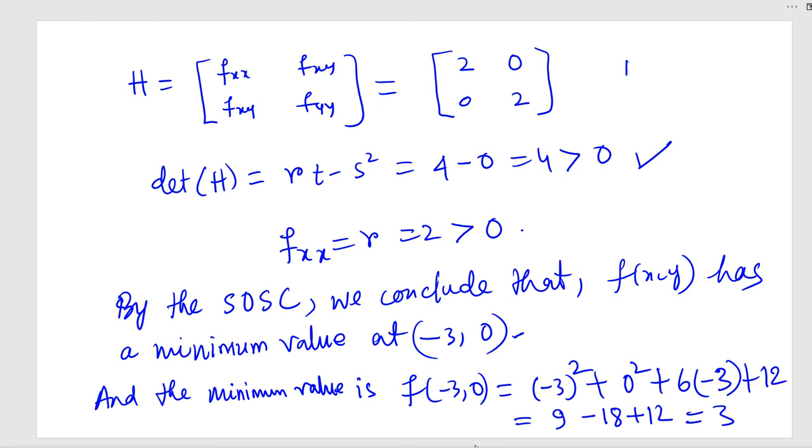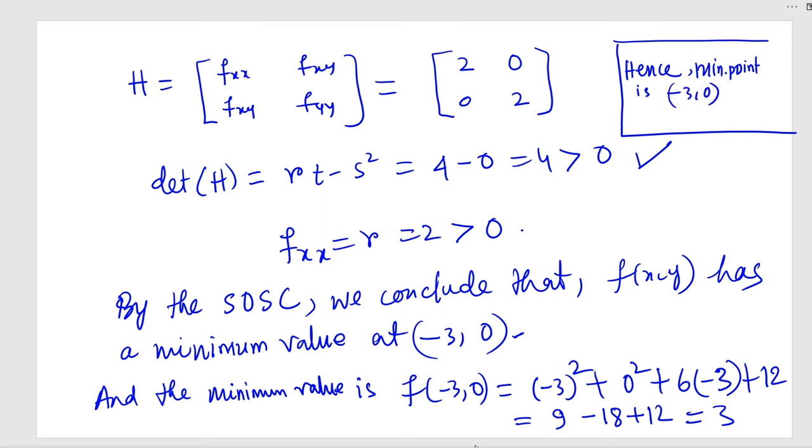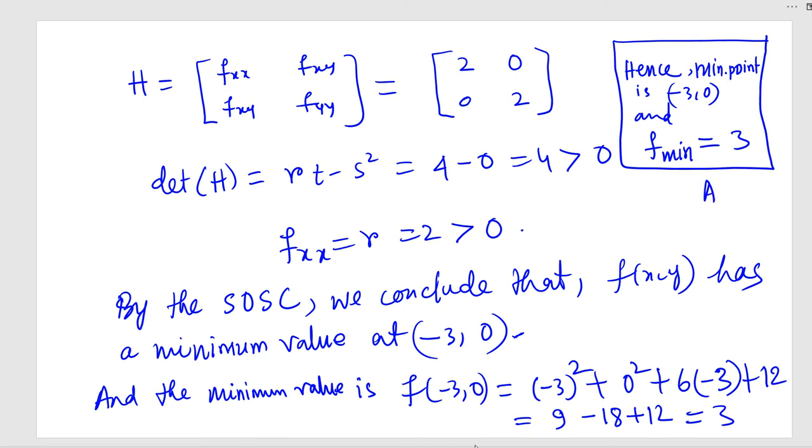Hence, the final answer: the minimum point is minus 3 comma 0, and f minimum is actually 3. So that's our final answer.